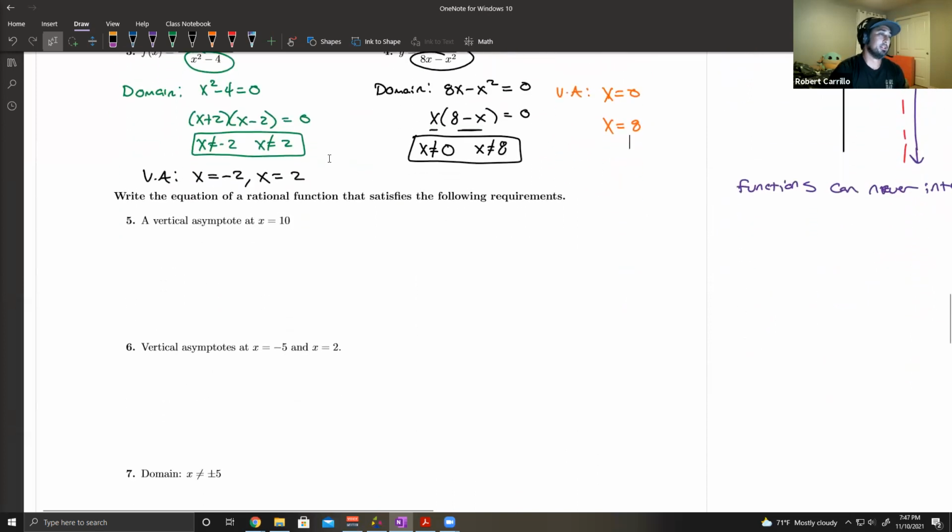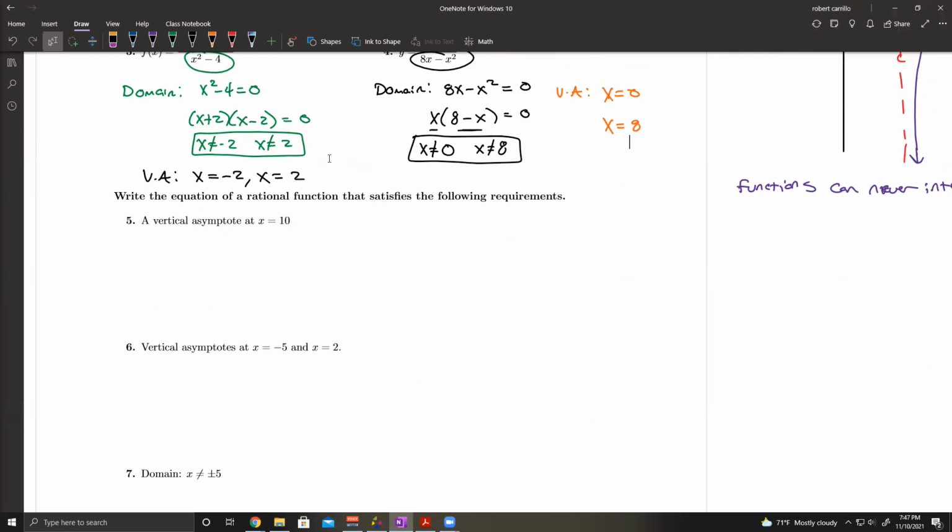Okay. So next, write the equation of a rational function that satisfies the following requirements. So 5 says we will have a vertical asymptote at x equals 10. So this is just like what we were doing earlier today. We were reverse engineering. So what if I wrote this as a rational function?